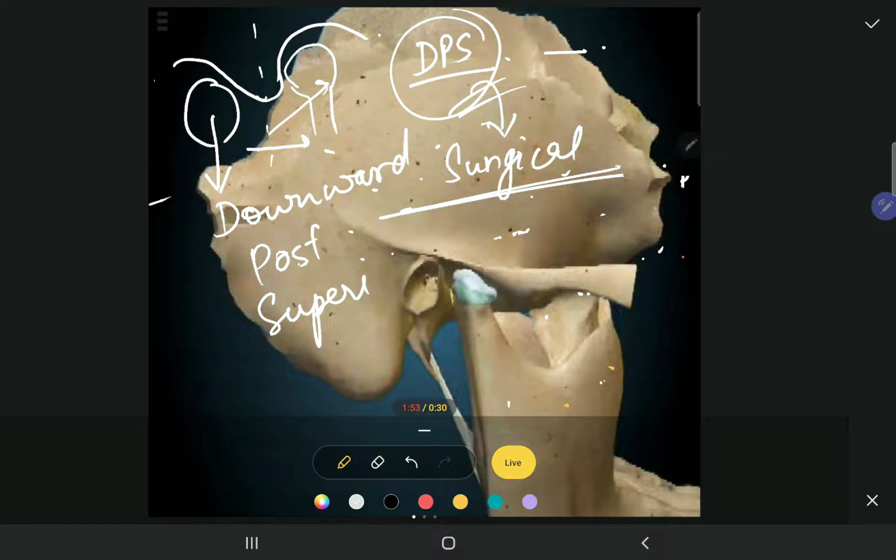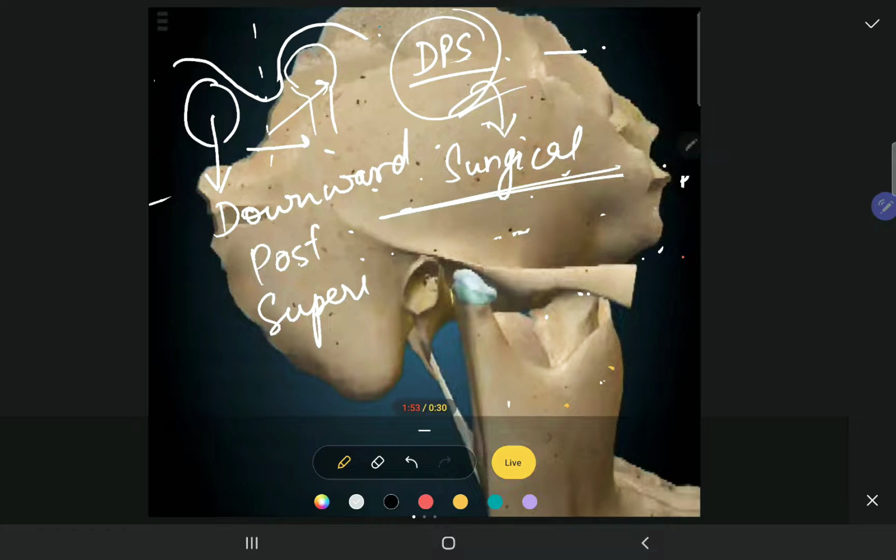Or what you can do is, you can relax the muscle, the lateral pterygoid muscle. So you can give the botulinum toxin A injection. That is an inhibitor of acetylcholine at the neuromuscular junction. So if you give this botulinum injection in the lateral pterygoid muscle, it will relax the muscle.